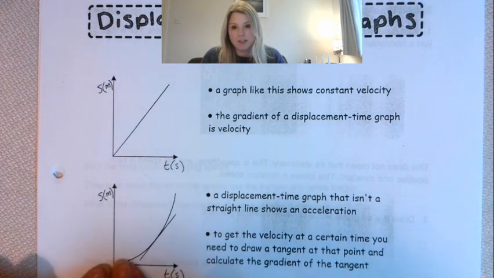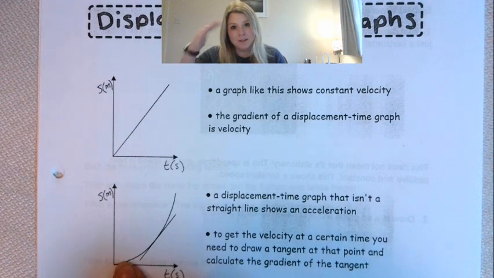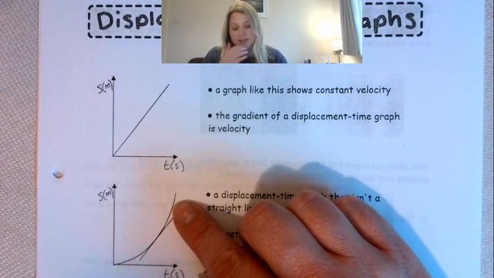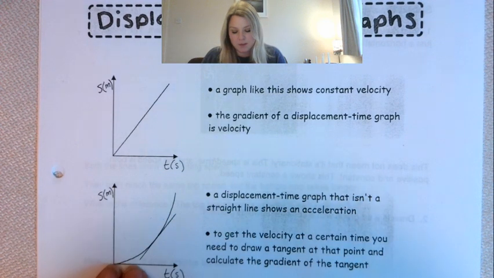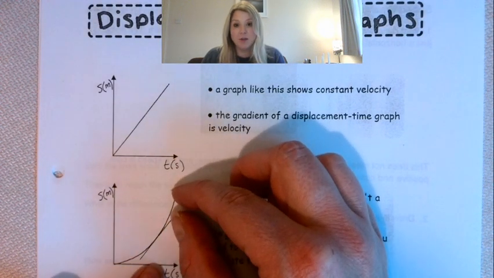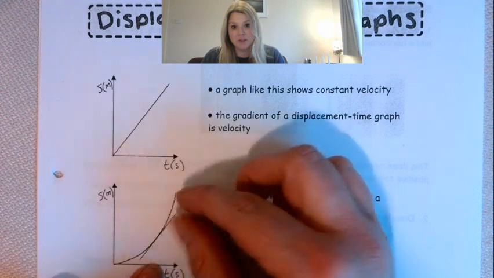So this one here would be showing an object that is speeding up, because at the start here it was going quite slow, the gradient's shallow, and then at the end it's going quite fast because it's a really steep gradient. So in the same amount of time here, the change in displacement is only slight, whereas over here, the same change of time, the change in displacement is a lot more, so it must be going way faster there.